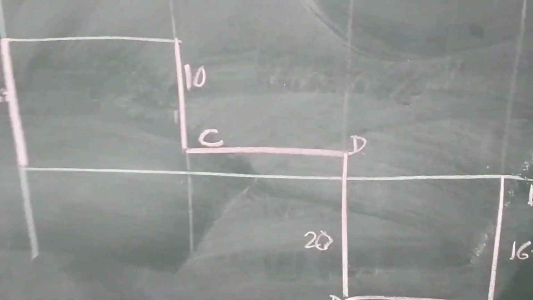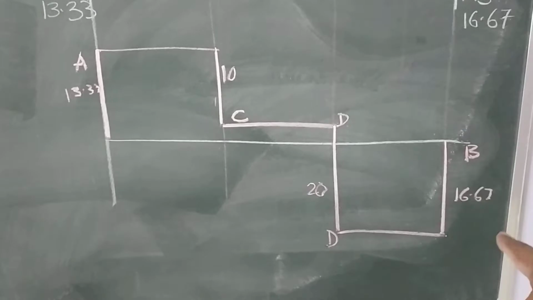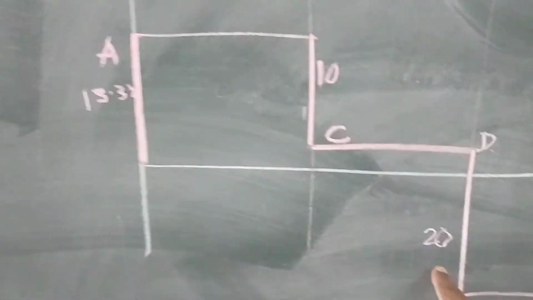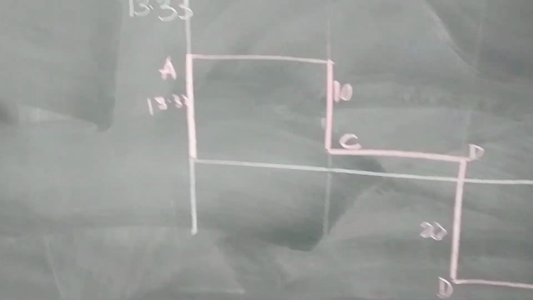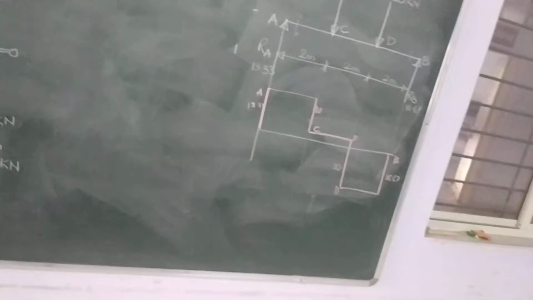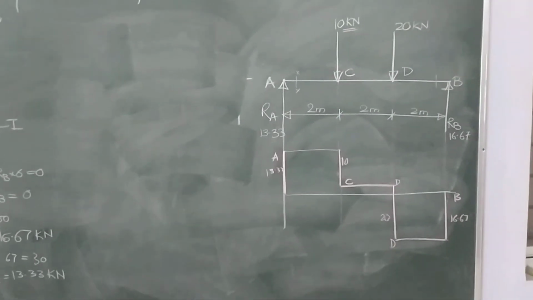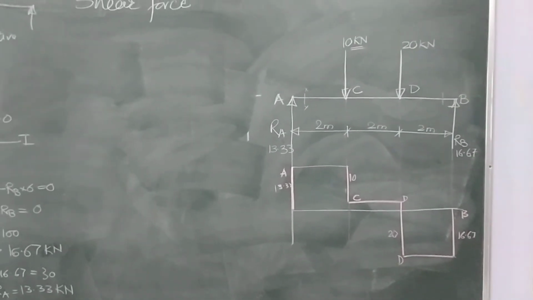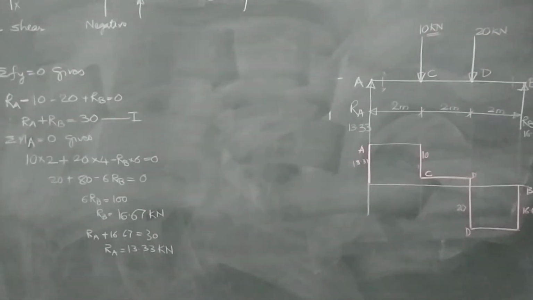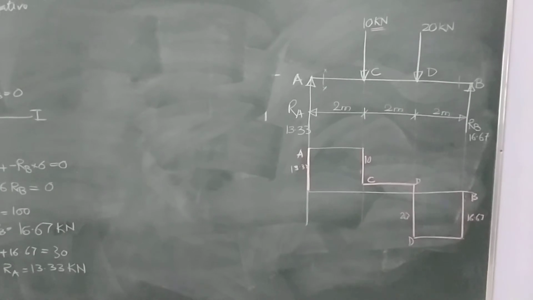Have you tallied this? See, 16.67, 13.33, 10, 20. This is how you have to solve any such problem or any type of complicated problem of shear force. This is nothing but the shear force diagram.